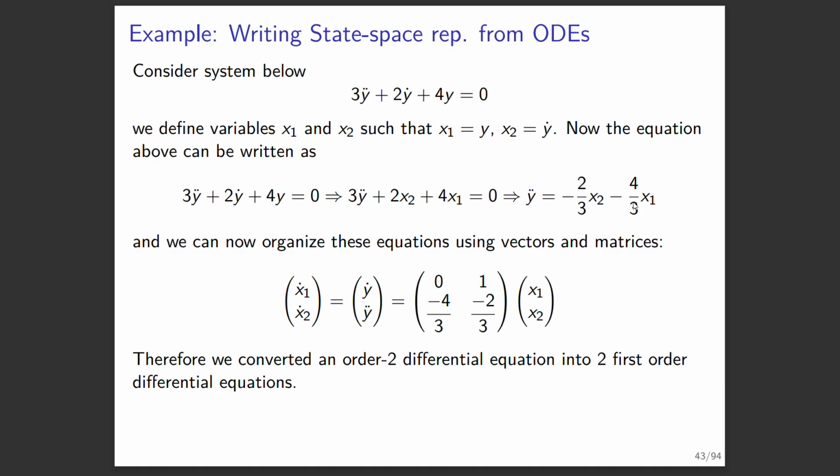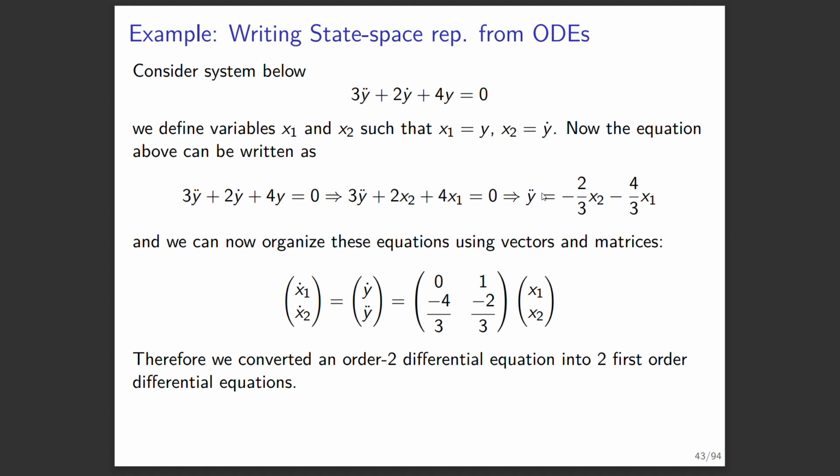Okay, now this is one equation. I have x1 in it, I have x2 in it, and I can also use x2. I defined x2 to be y dot. Therefore, this would be x2 dot, right?